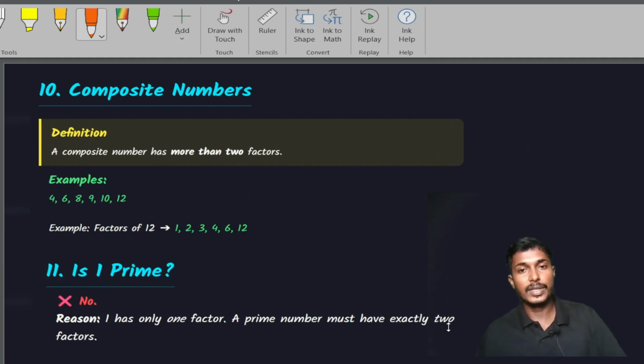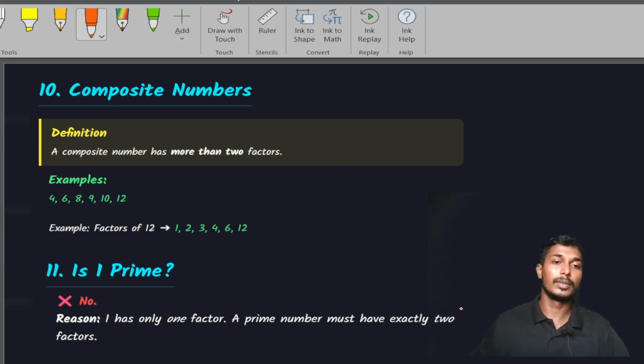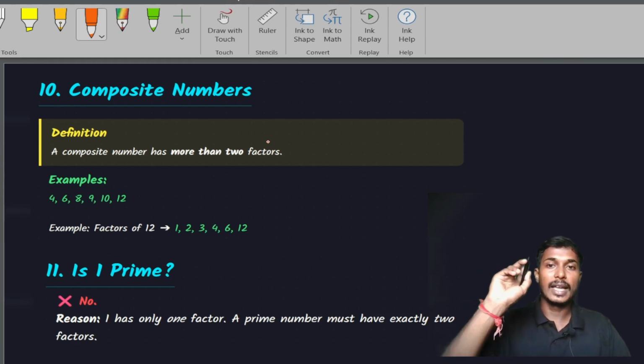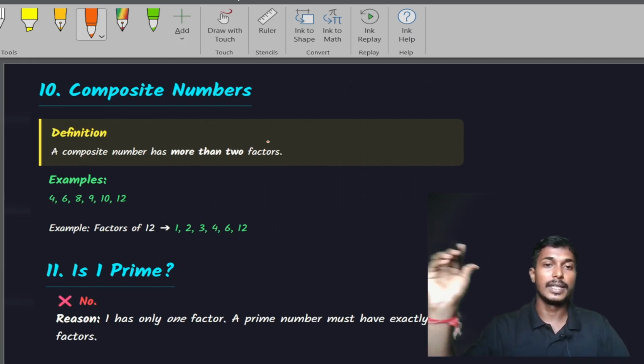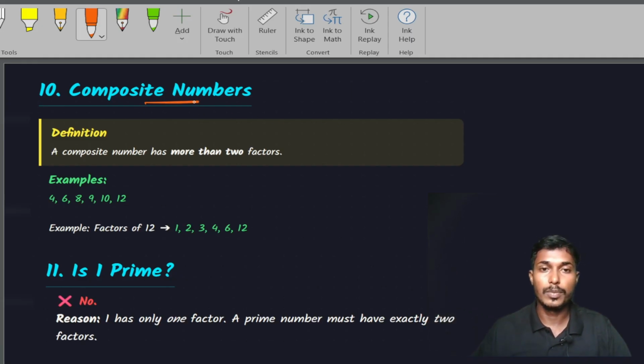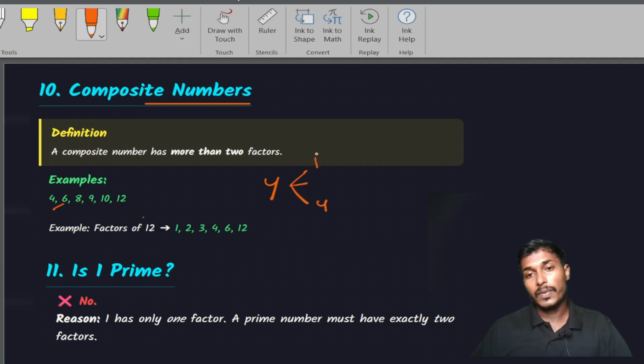Composite numbers. This is exactly the opposite of prime numbers. If a number has more than two factors, then it is called a composite number. For example, 4. What are the factors of 4? 1 and 4. 4 will always have the factors 1 and the number itself, and another factor is 2. 2 also divides 4 completely, right?